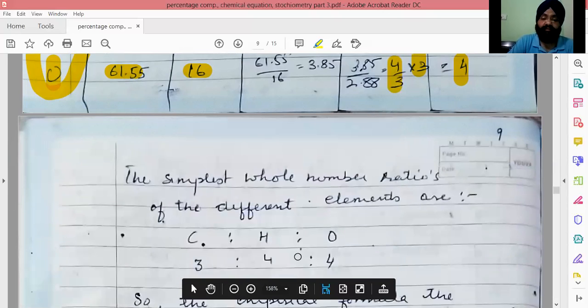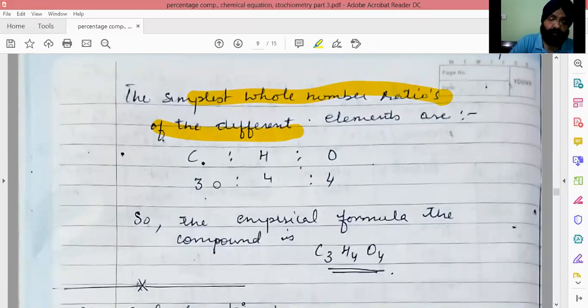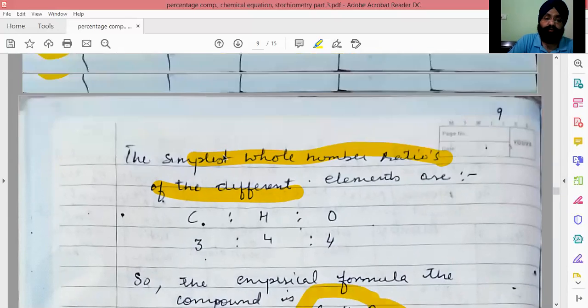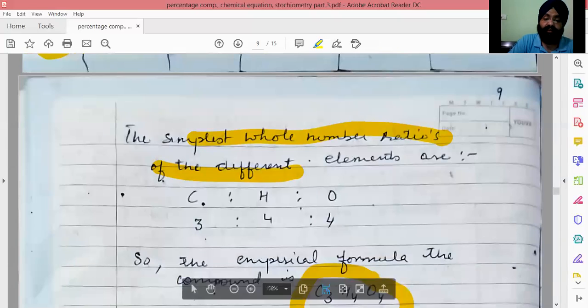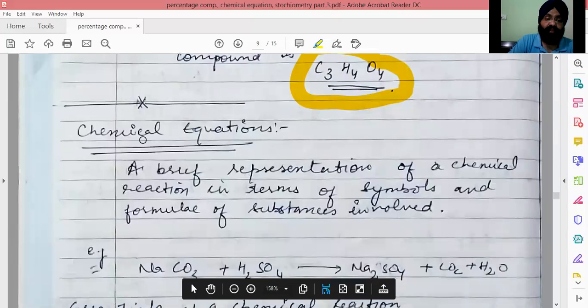This gives us the simplest whole number ratio of the different atoms of all the elements constituting the compound. So here carbon is 3, hydrogen 4, oxygen 4. So the empirical formula of the compound with this percentage of these elements in it is C3H4O4.